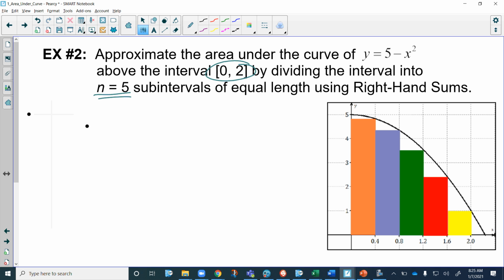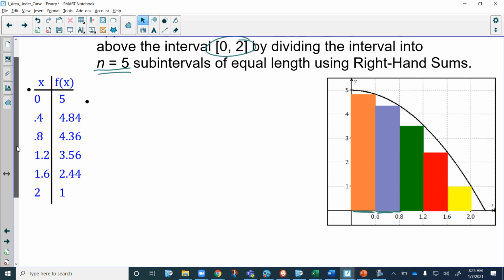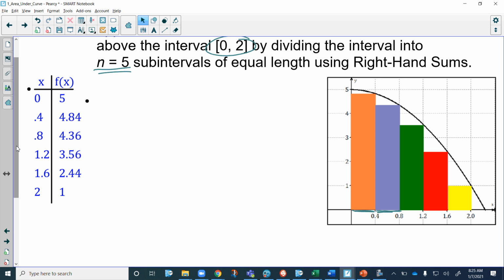You can see in the picture that each base is just 4/10 of a unit. We don't really need to do the whole b minus a divided by n thing, but we'll stick with it to keep things consistent.